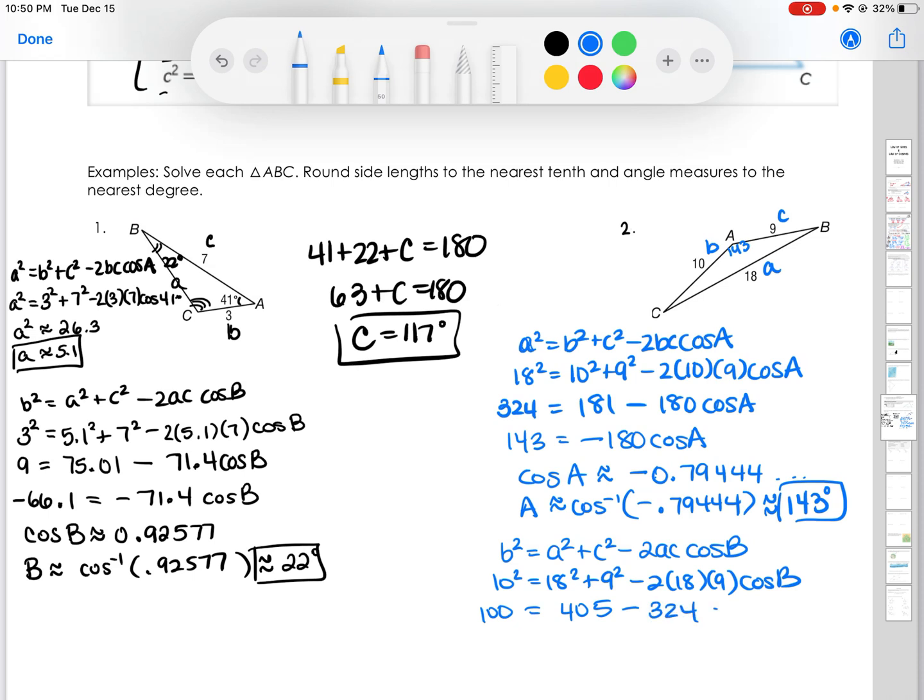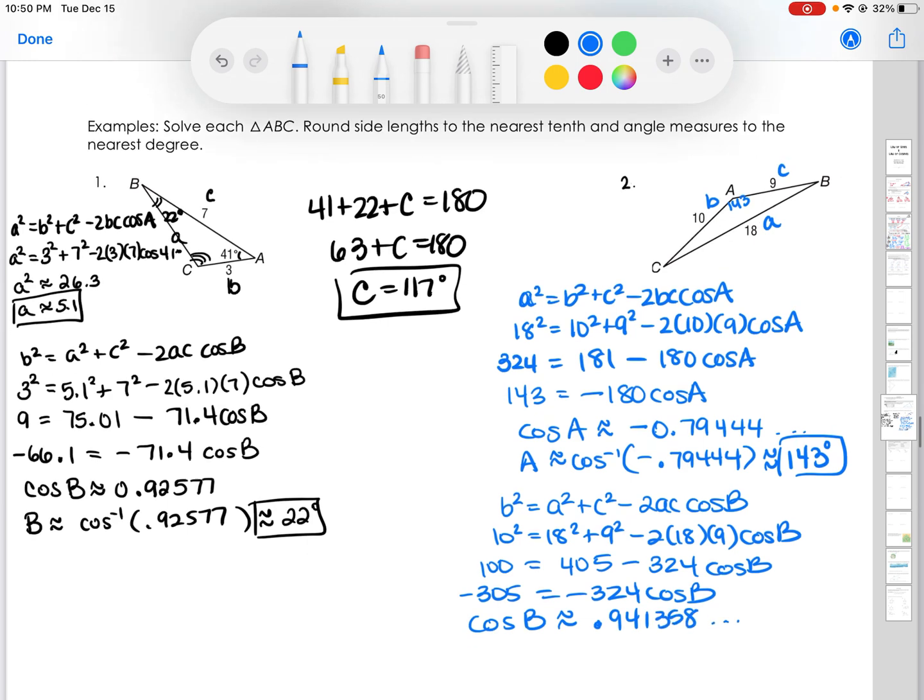324 cosine of B. We're going to subtract, so we're going to get negative 305 is equal to negative 324 cosine B. And then when we do that division, we're going to get that cosine B is about positive 0.941358, and so on.